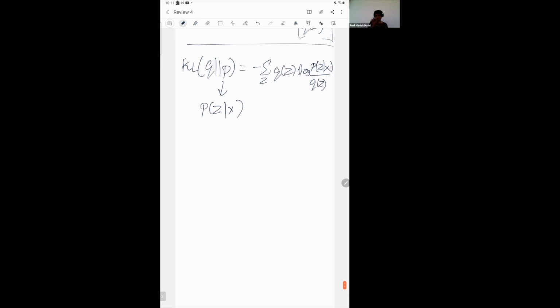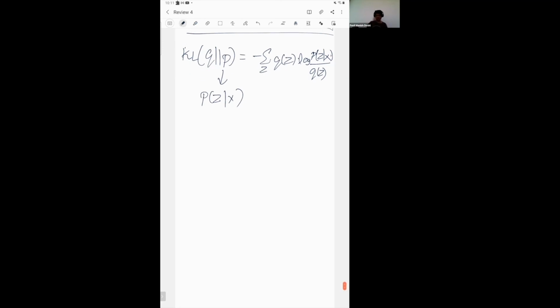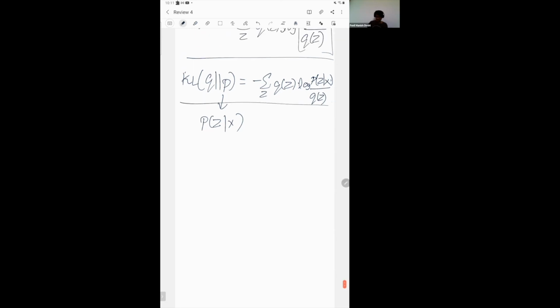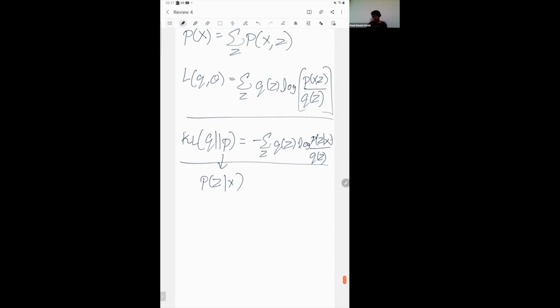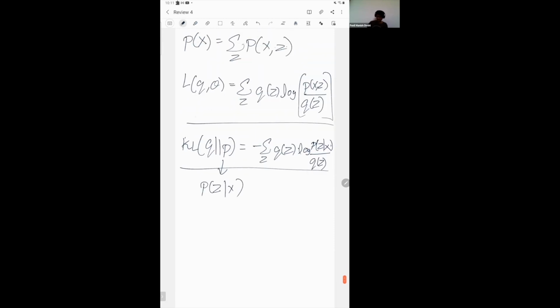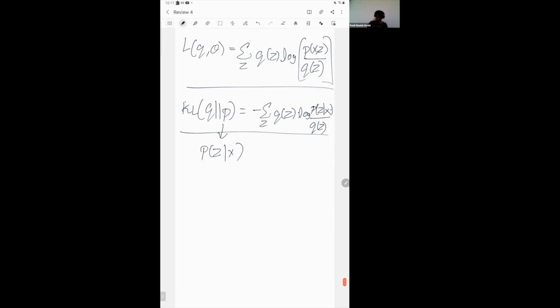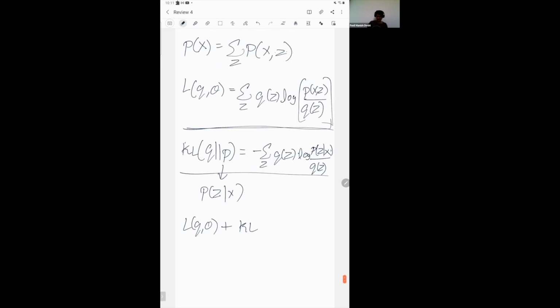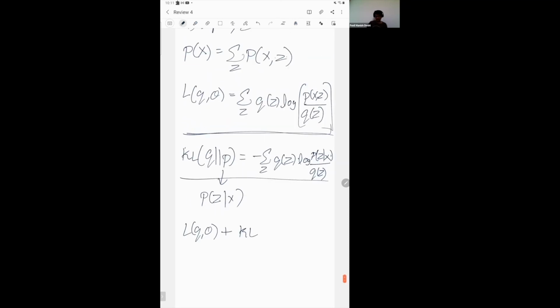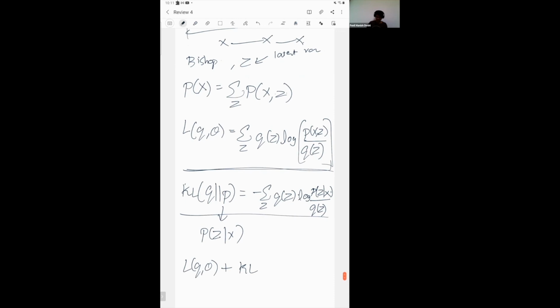But just remember, theta is hidden in all of these places because we are in essence optimizing over theta. This is just the definition of KL divergence, so let's add both of these. Here this L of q theta is a lower bound, and we are proving this lower bound is always less than p of x.